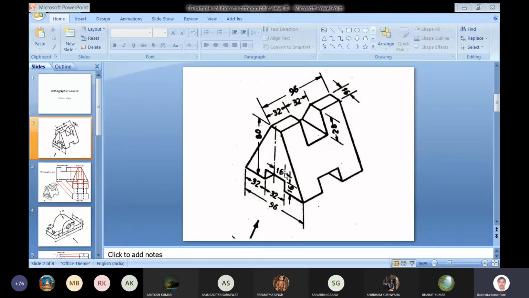Sir, even if we are projecting a real object on a plane, should we draw a solid line or a dotted line for that, sir? Yes, if edges are hidden, then you have to draw the dashed lines.